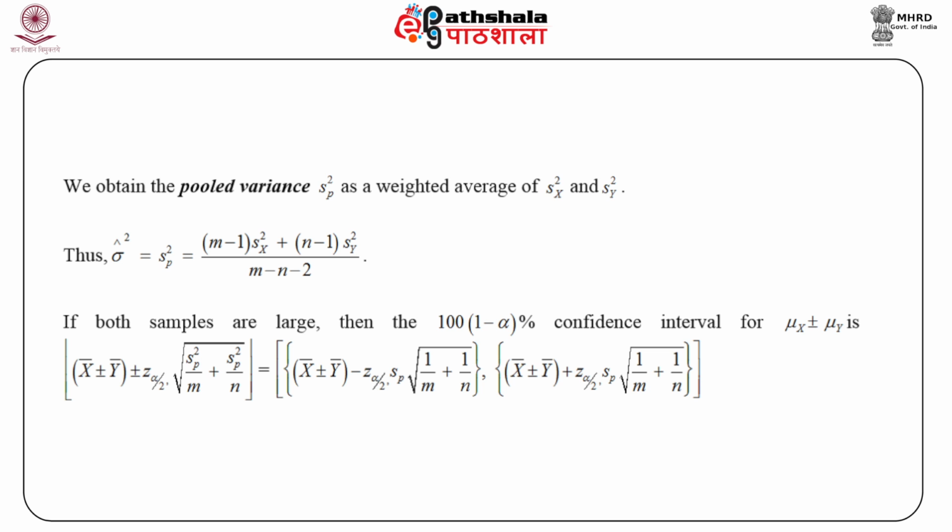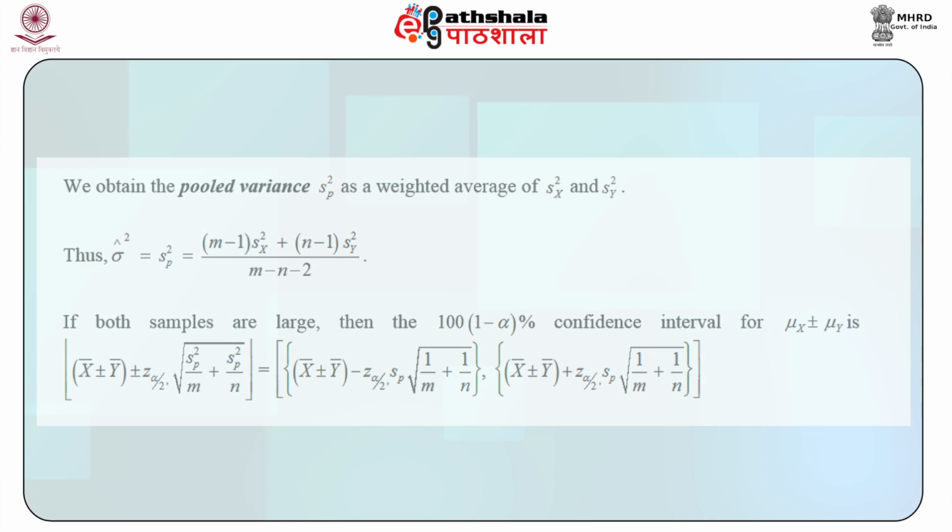So this is our expression which gives us the confidence interval, and you have two values, with the comma separating these distinct values.